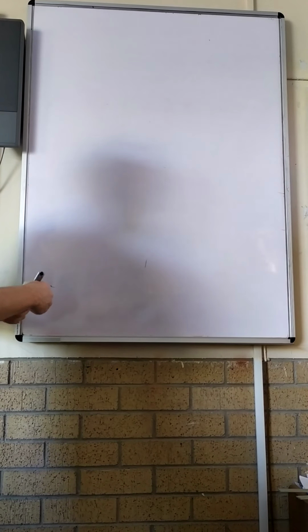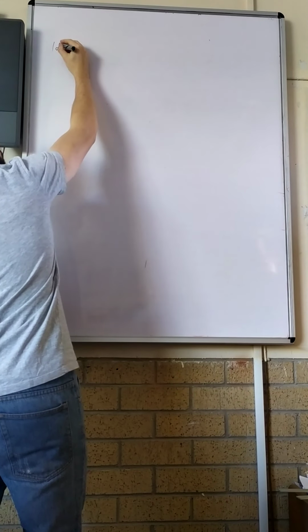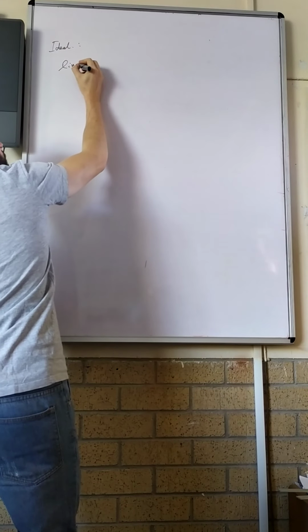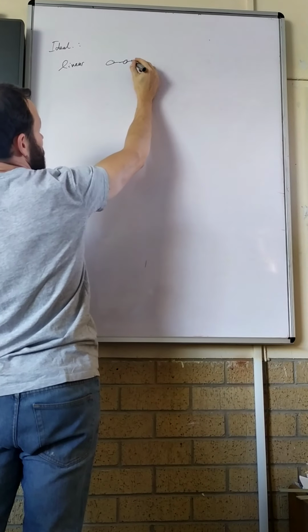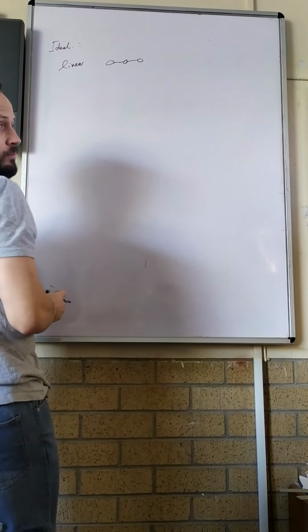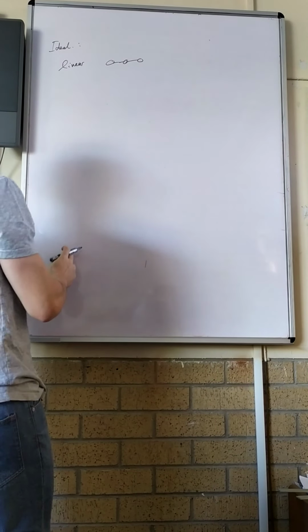Okay, so let's go through some of the ideal shapes. The easiest one is linear. It's just all the atoms connected in a line. So what are they for? They're just called ideal shapes. They're not for anything.